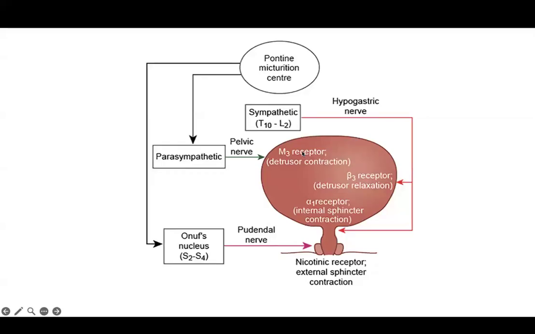They are responsible for the storage function because sympathetic nerves cause relaxation of the detrusor muscle. So when the detrusor muscle becomes relaxed and the urethra becomes closed, urine gradually collects from the ureter inside the urinary bladder and gradually the bladder becomes filled. So this is the storage function and that is maintained by sympathetic nerves.